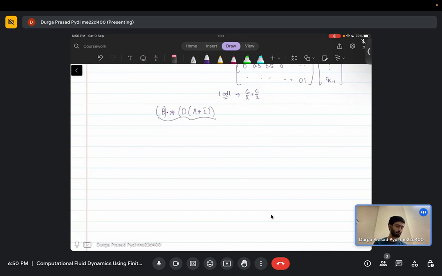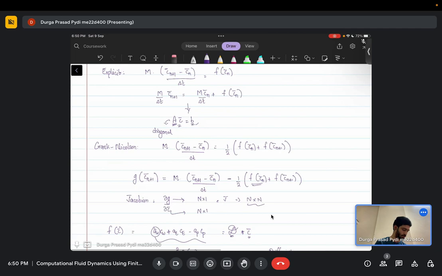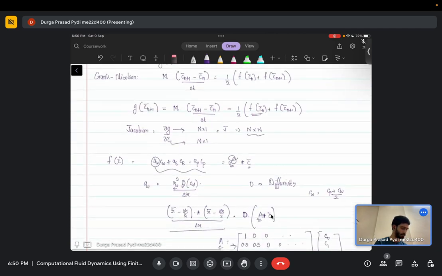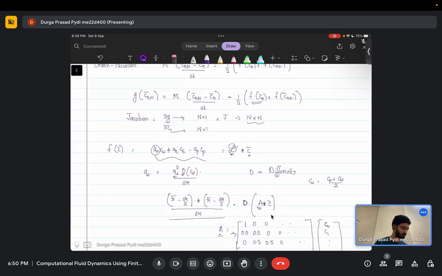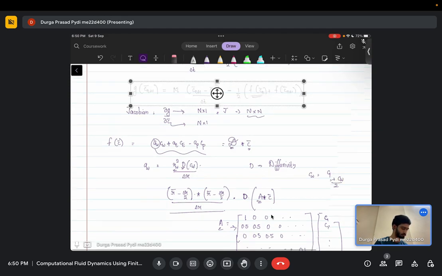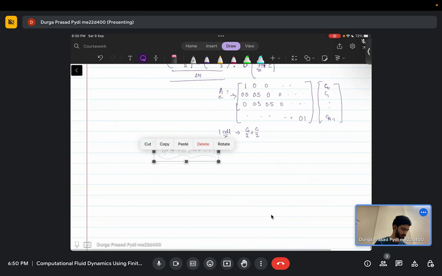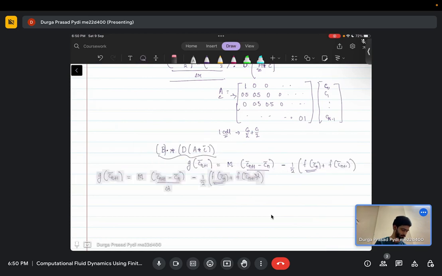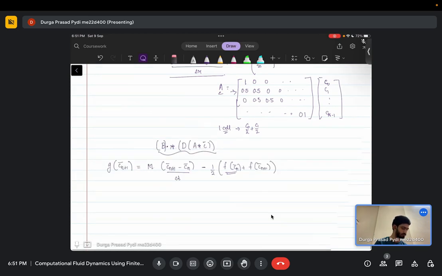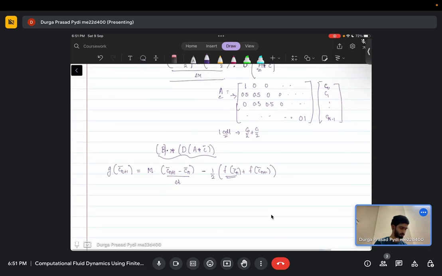Now the idea is you have f of c bar. So if you see del G by del C, this is our G. To evaluate the value of del G at del C bar, the first one is straightforward.